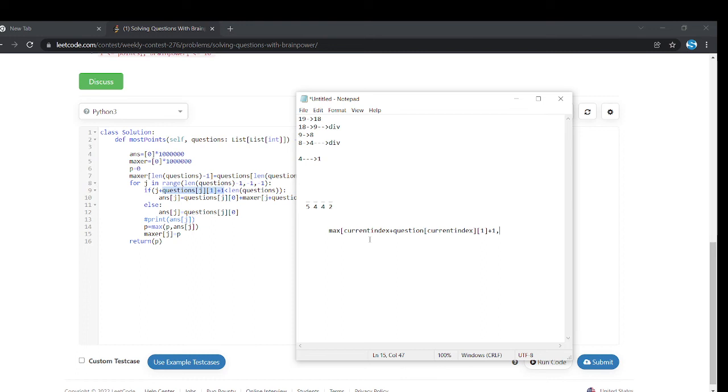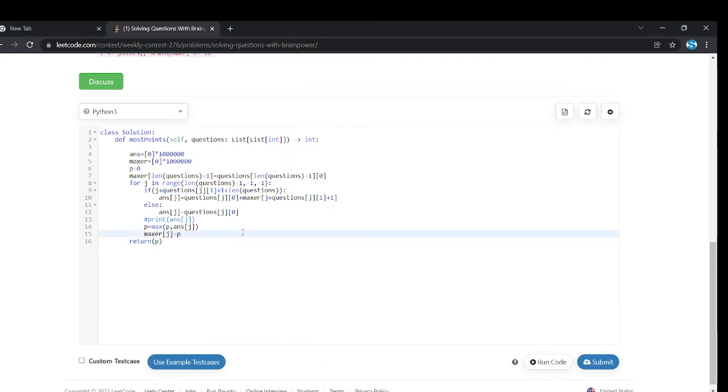Current index plus question of current index, and in that also the first parameter, because the first parameter shows us how many questions we won't be able to take after solving the current question, plus 1. From there itself we can start solving the next question, like that.